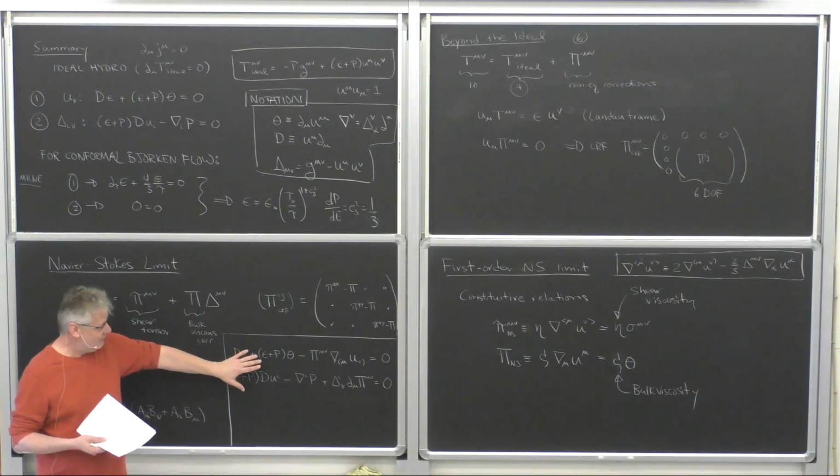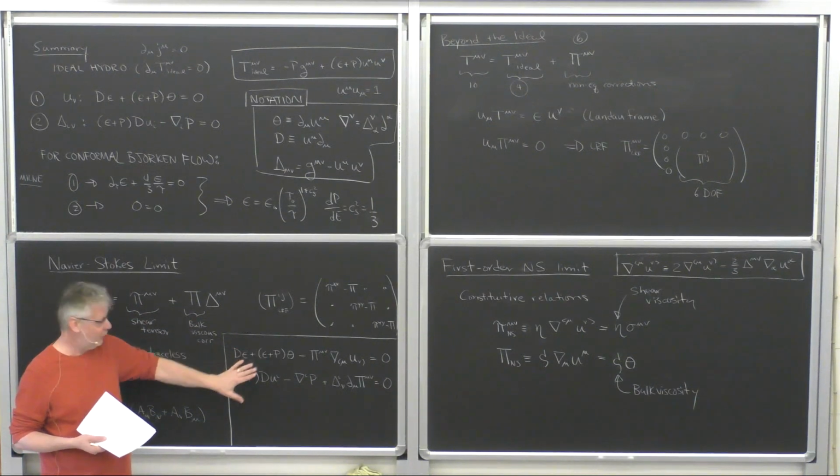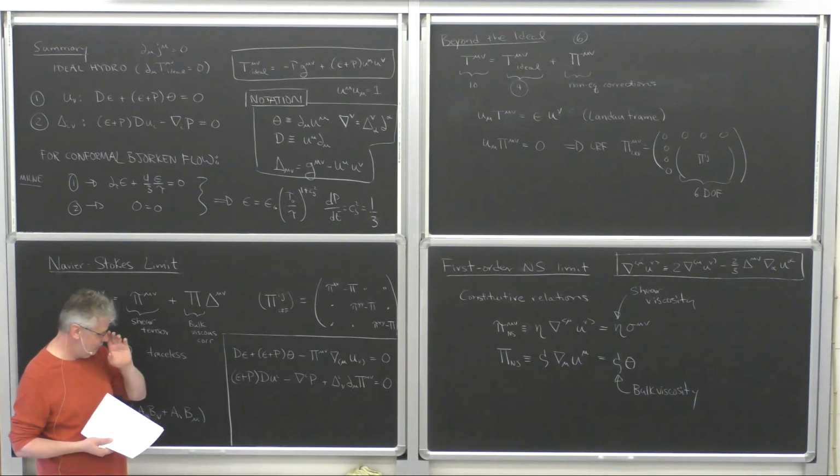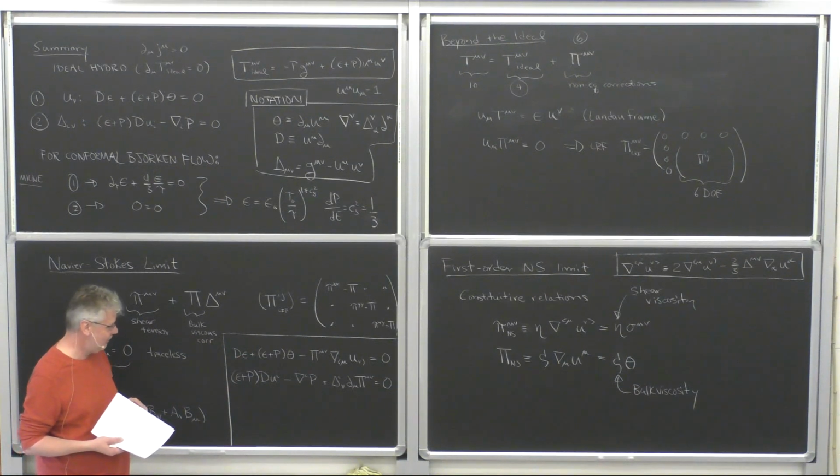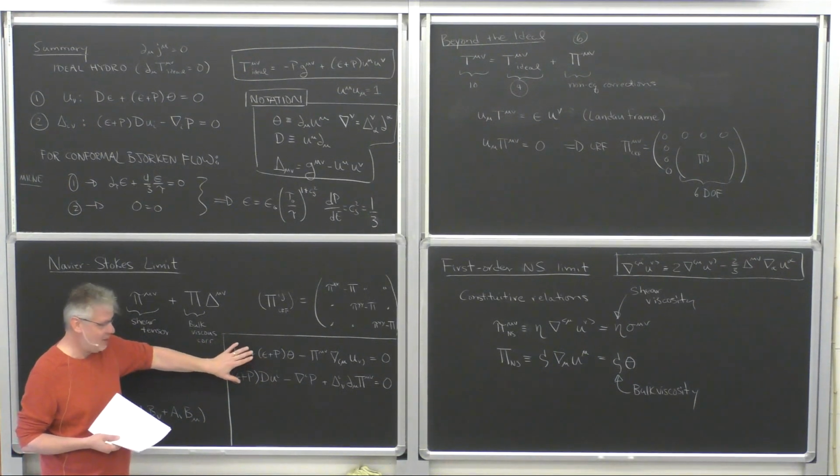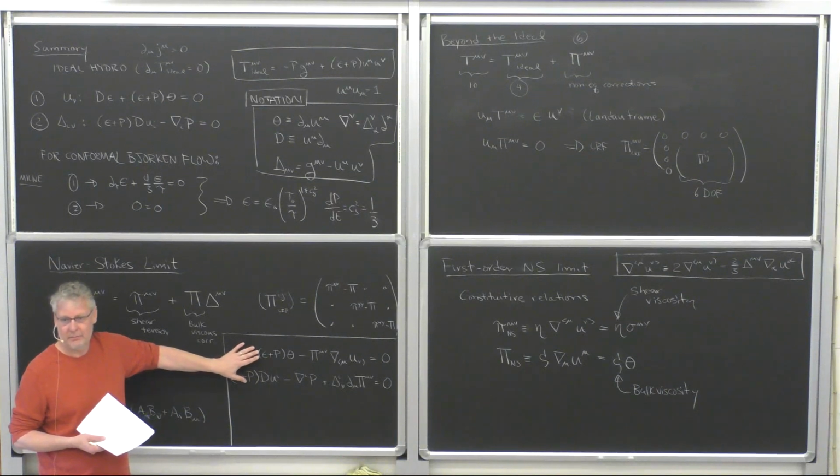This would be the relativistic generalization of Navier-Stokes. But the bad thing about the relativistic generalization of Navier-Stokes is you'll find that these equations are parabolic and acausal. So you have to go further than these.